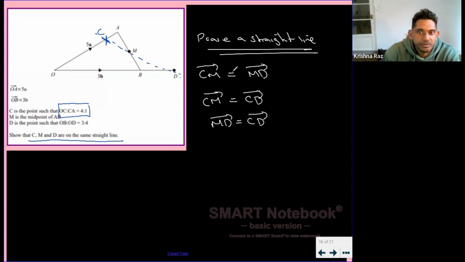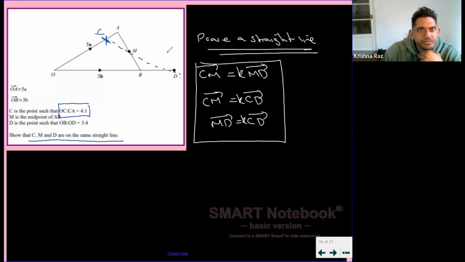That is it. So a factor or multiple, so there should be a constant that multiplies all of them. Yeah, and that's what we need to show. So we need to figure out the vectors CM and then MD, or CD and CM, one of those two pairs, and show that it's a multiple of the other one.